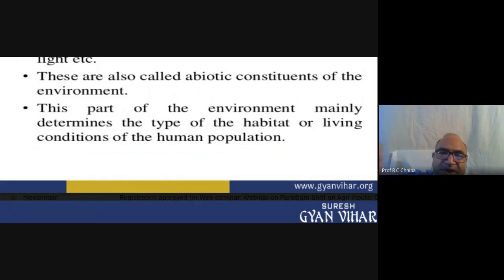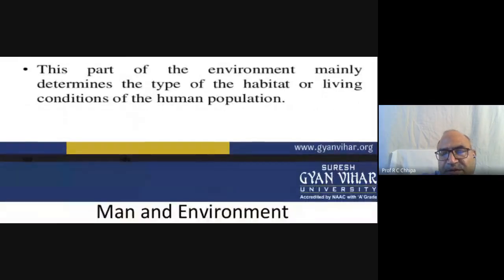The mountain area is also present in India. The northeastern part of India has different habitats. Even the Gangetic plain area, and the mangroves in Gujarat. So different habitats are there, and those depend on the living condition of the human population.